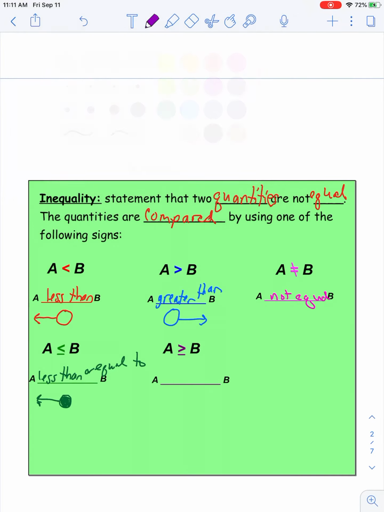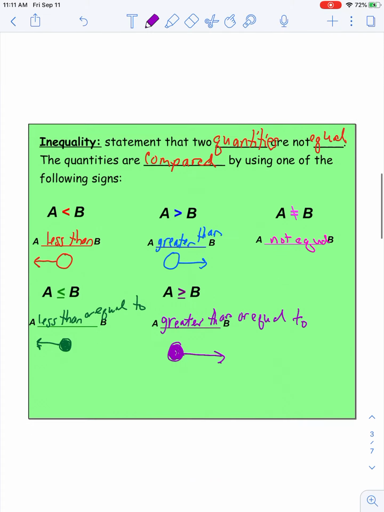And finally, the last one would be a greater than or equal to. So again, here are the values that are greater, and we would shade in that circle because we want to show all the values that are greater than or equal to that value.